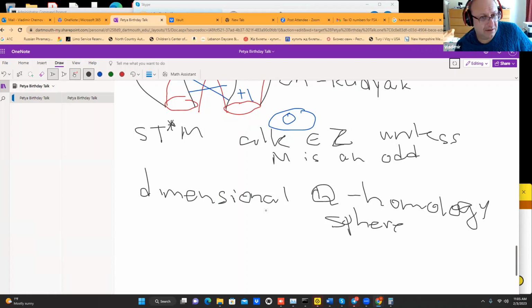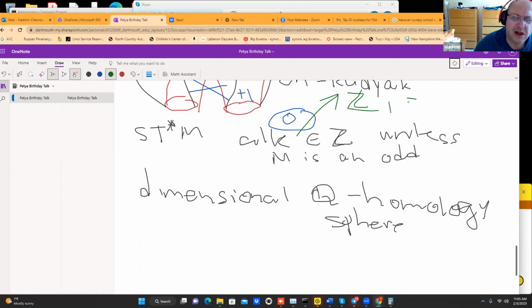For us, they're bad because we want the linking number to be integer valued. So if the manifold M, the Cauchy surface, is an odd-dimensional rational homology sphere, then we have a bad situation, and the linking number is not integer valued. It takes values in Z mod m. But the only really bad situation is when the affine linking number takes values in Z1, so it is a trivial group. So this happens only if M is a homotopy sphere.